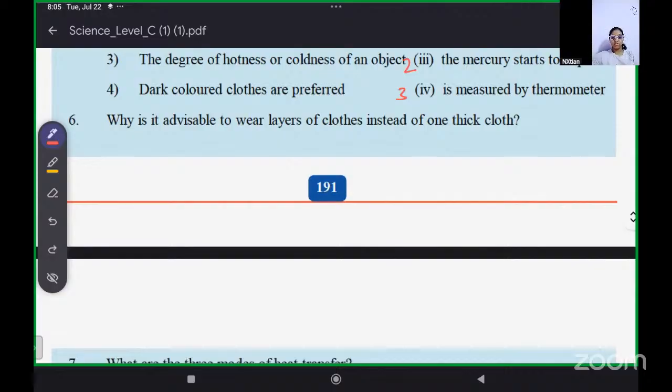Ma'am, one thick cloth will not be thick enough, and if you wear many, each layer will protect you, like a heat conductor. The many layers will protect you, but what's the reason behind it? How or why? Ma'am, because it traps air in it. It doesn't allow the air to pass through the many layers. It traps the air in between them, okay? And you stay warm because air doesn't pass through your clothing.